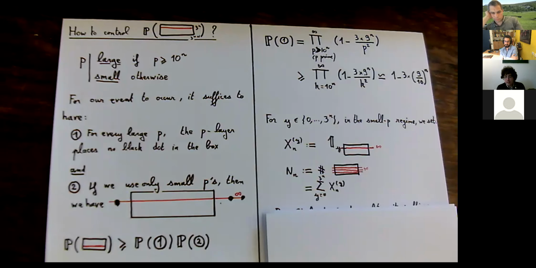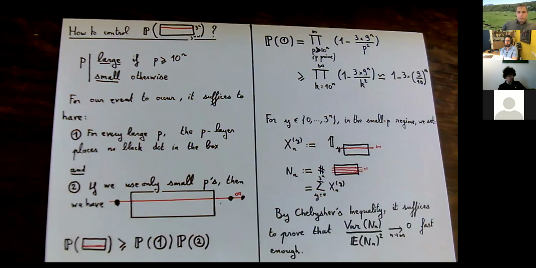And x_y is the indicator that the line of height y makes the event 2 work. We have an infinite white line at height y.